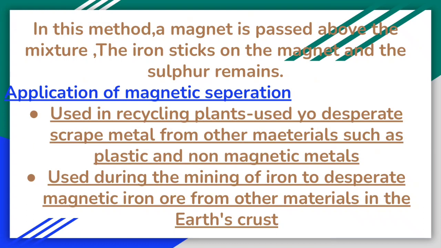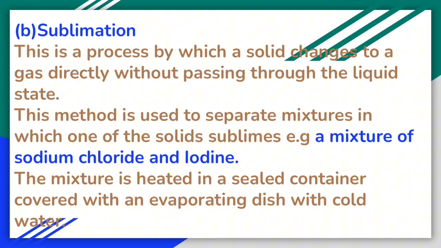Now, another method which we use in separating solid mixtures is sublimation. Sublimation is the process by which a solid changes to vapor or a gas by heating. For this method to be applicable, one of the substances in the mixture must be a substance that sublimes.